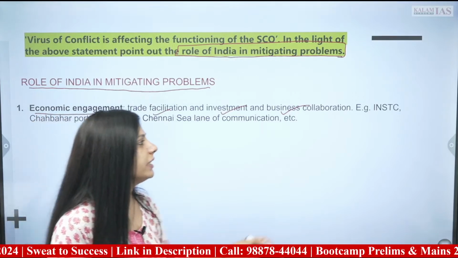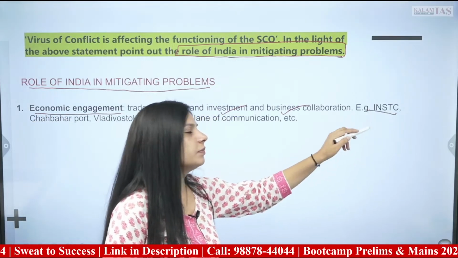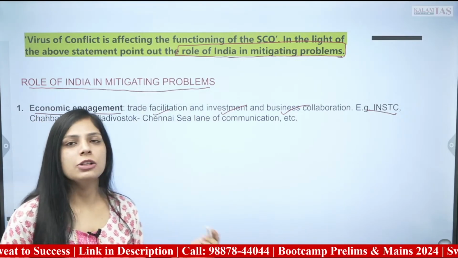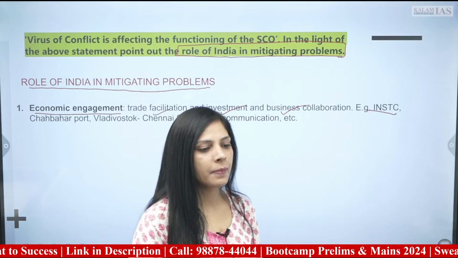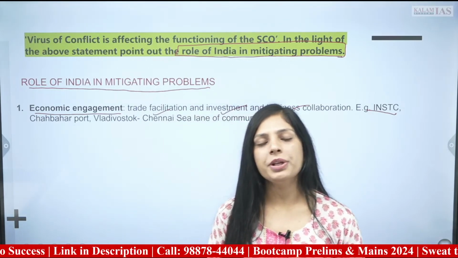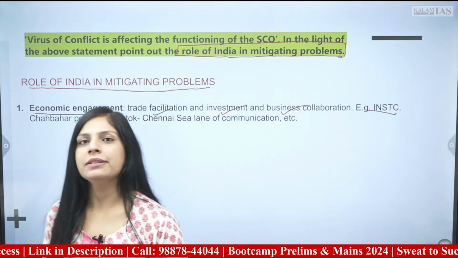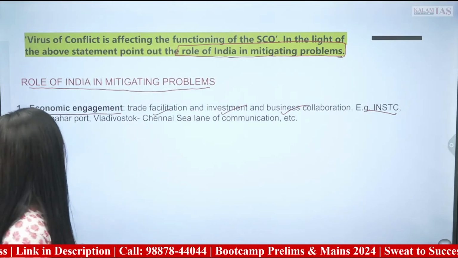Few examples can be the regional infrastructure projects such as the International North-South Transport Corridor. It connects the European Union through Russia to India, Iran, right?